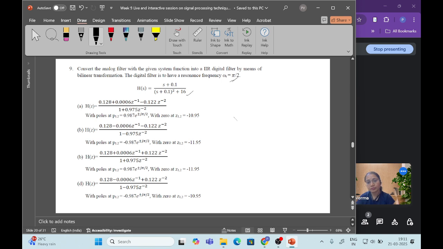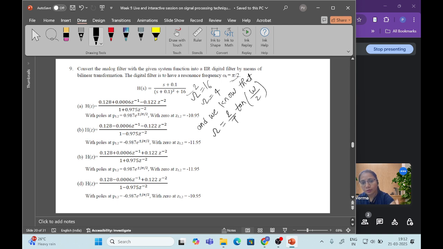First, see the cutoff frequency here. Omega square, we already know, is equal to 16, so omega will be 4. And we know that in the bilinear transformation, omega is equal to 2 by T tan omega by 2.